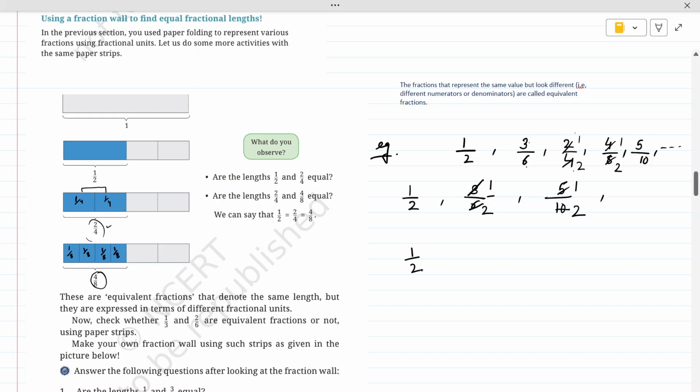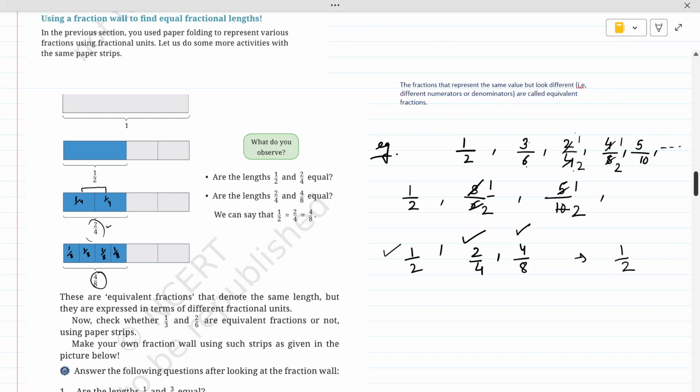It is being represented by half above, then 2 by 4 and then 4 by 8. When we simplify, all the fractions have the value of 1 by 2. So here 1 by 2, 2 by 4 and 4 by 8 are called equivalent fractions. They look different, but they have the same value on simplification.